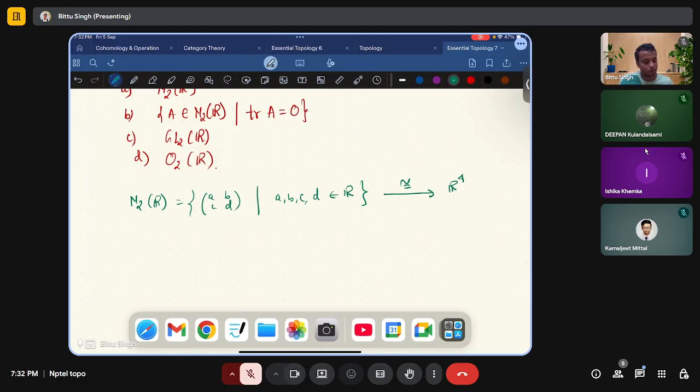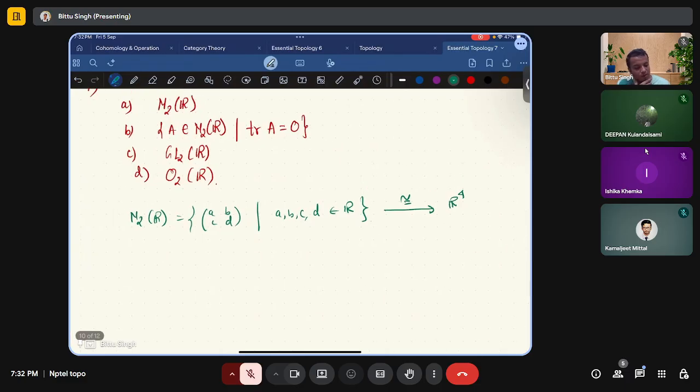Therefore, this is a continuous map. This is actually a homeomorphism. So send the matrix with entries a, b, c, d to the tuple (a, b, c, d).